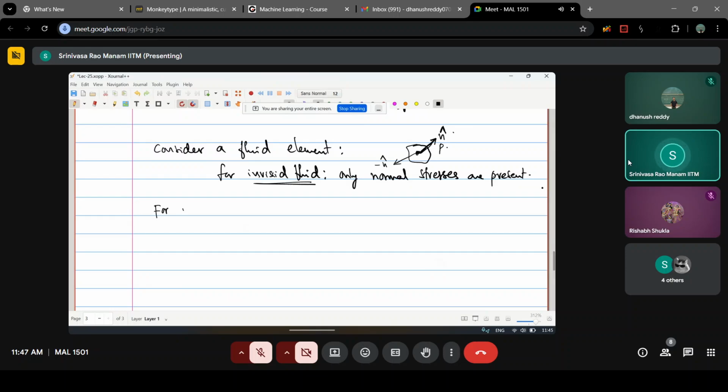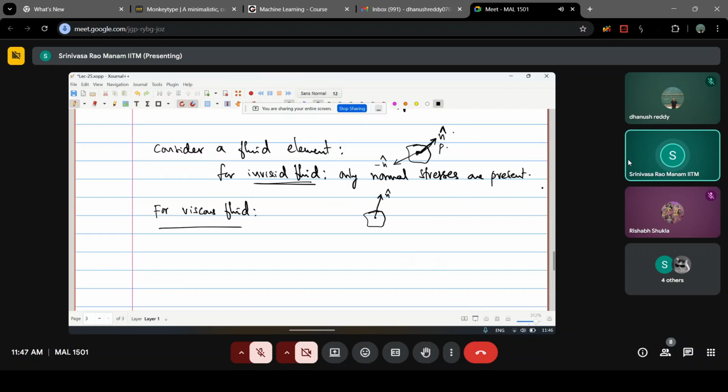For viscous fluid, you consider this small fluid element. You take a point. This may have some normal, which is there for every element because of the geometry, so it has an outward normal, and you may have some force vector.